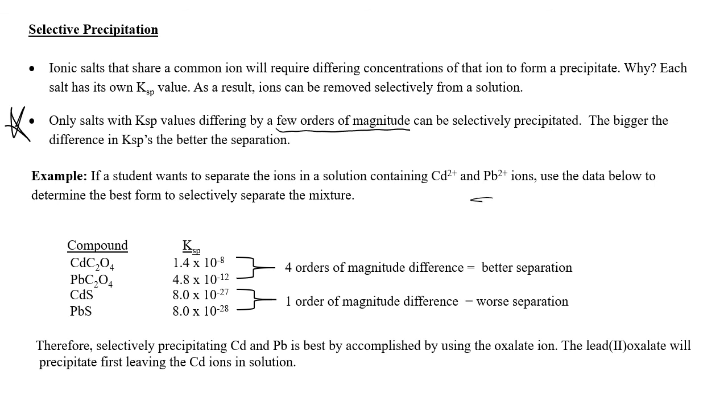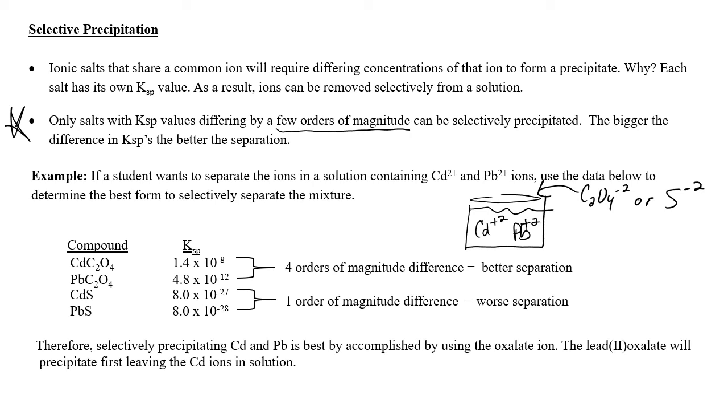So let's say you've got a beaker that has cadmium ions and lead ions. You want to selectively precipitate them. The reason you might want to do this is to remove one ion while leaving the other dissolved. It's a separation technique. So what are we going to add? We can add oxalate, or we can add sulfide ions.